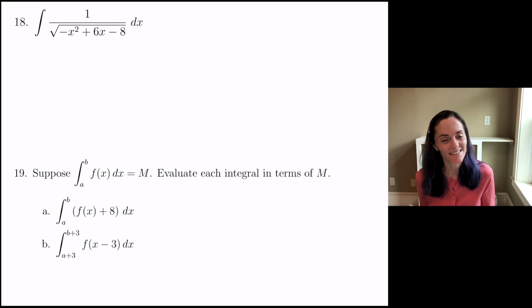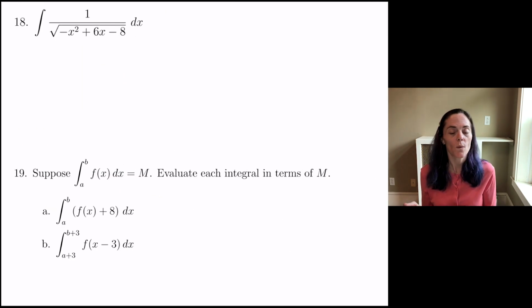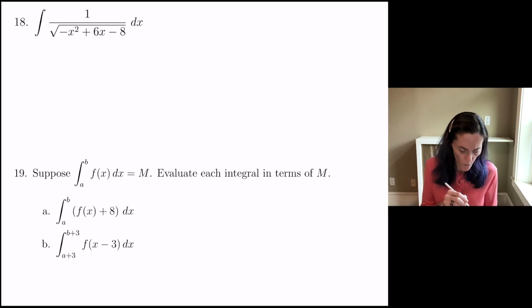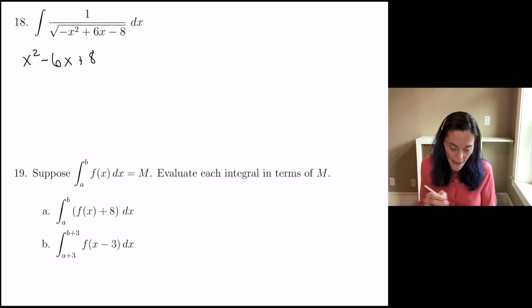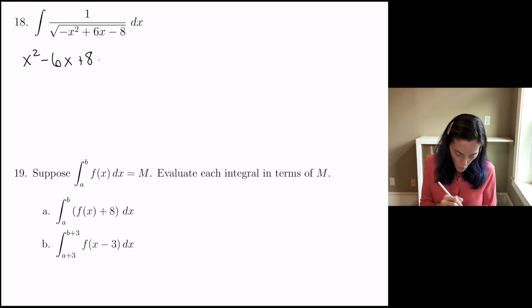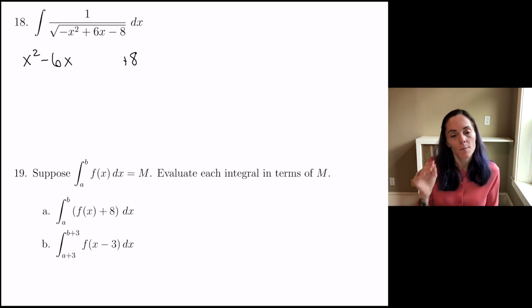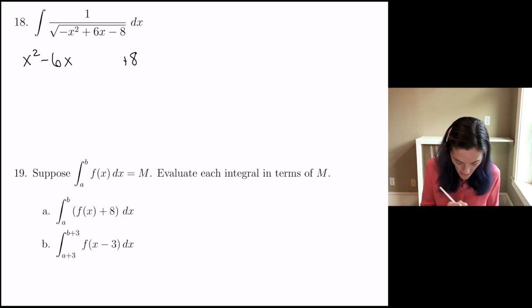Okay, 18. This is our last one where we are directed to complete the square. What I'm going to first do is work with x squared minus 6x plus 8. You notice what's underneath the radical is negative, this quadratic. So we move this over. We take half of minus 6, which is minus 3. So we take plus 9 minus 9. We underline.